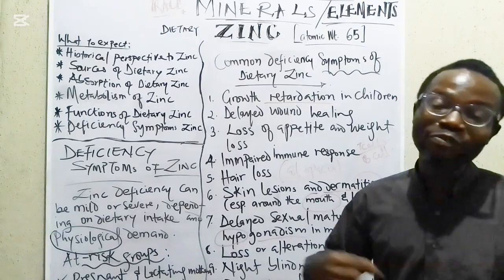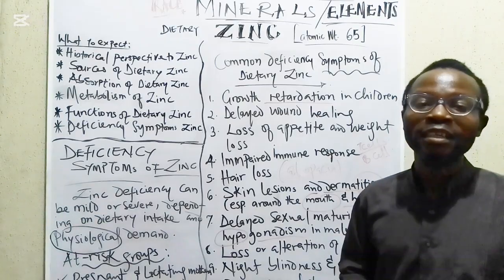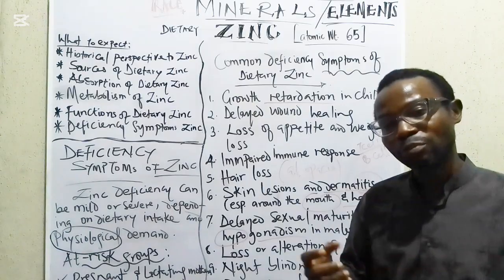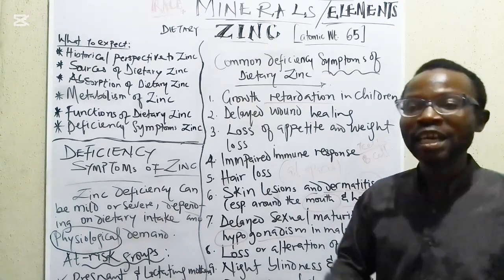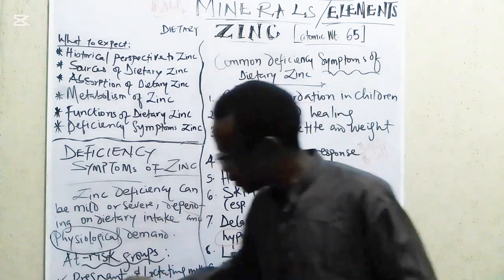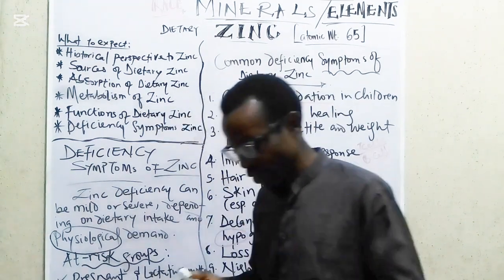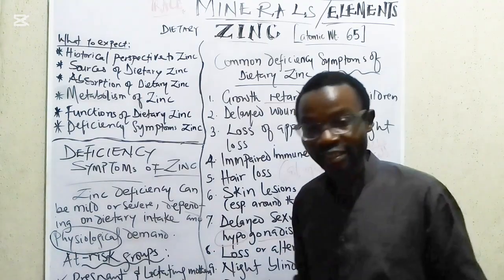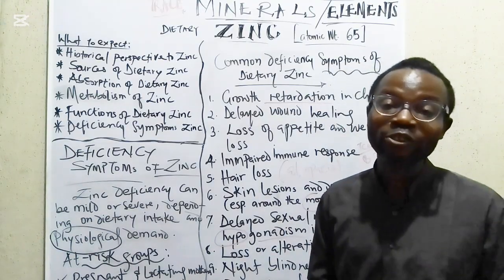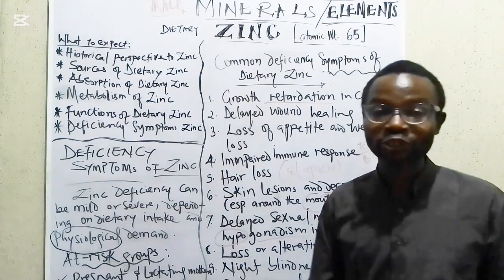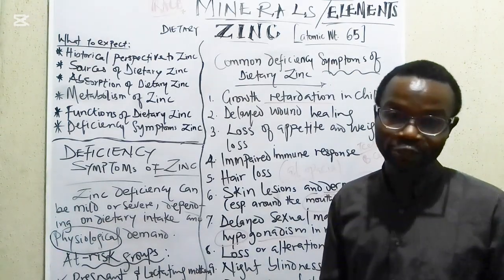And also for the fetus inside the womb, zinc is actually good in the elongation of the bone, development of the fetus. Even when the baby is born as an infant, zinc is actually very crucial for the body. And then in adolescence, the development of the secondary sexual characteristics, zinc actually has been found to be very, very crucial.